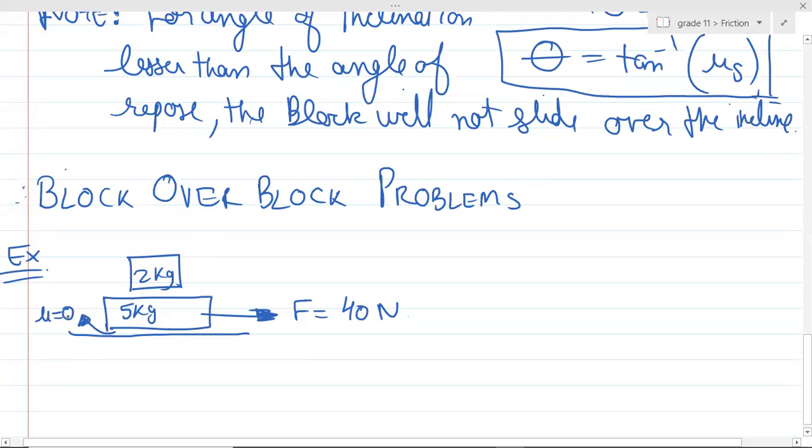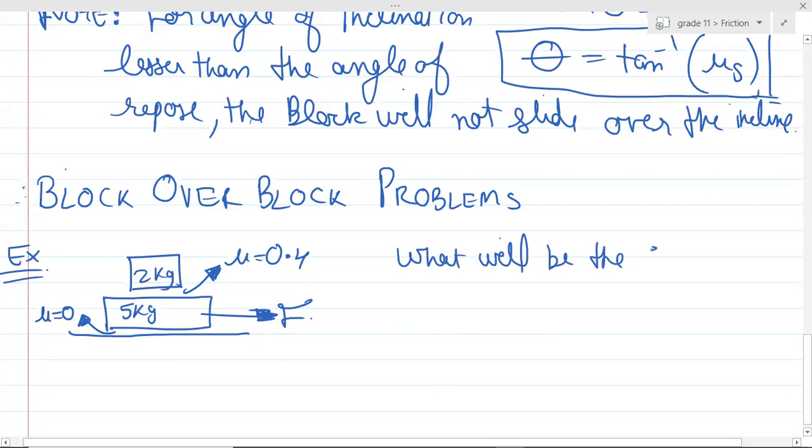The coefficient of friction over here is 0, and the coefficient of friction over here is, let's say, 0.4. The force is written there.